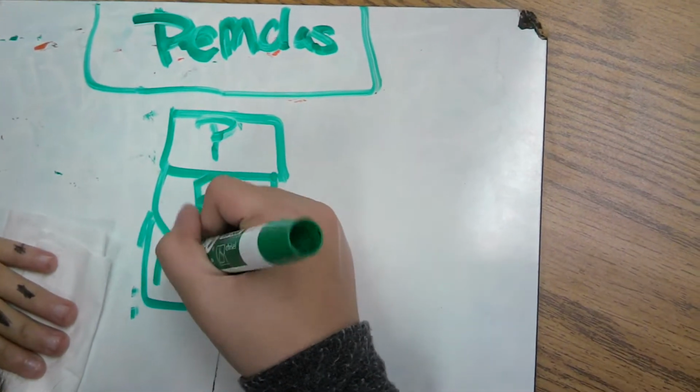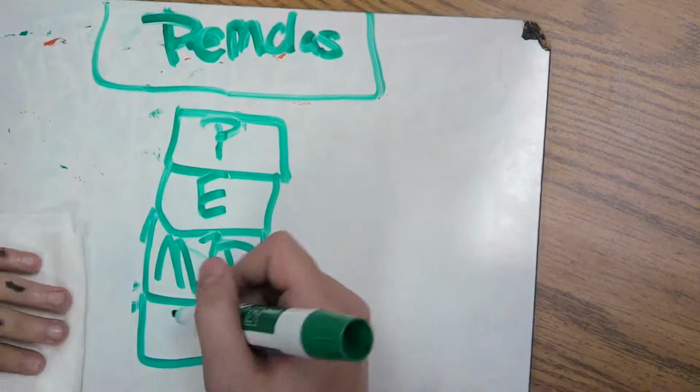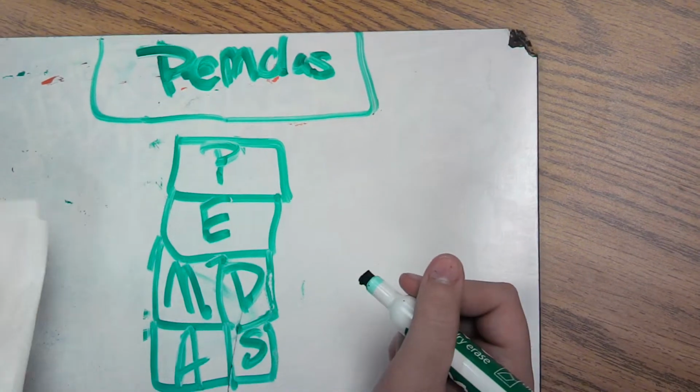And you would write PEMDAS and all the letters will be separated in each box.